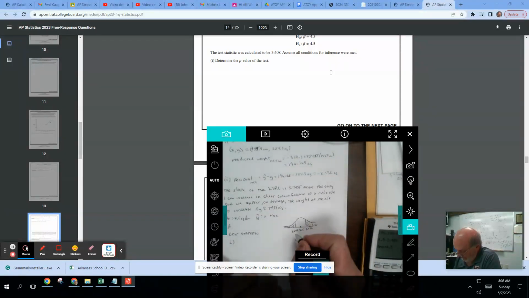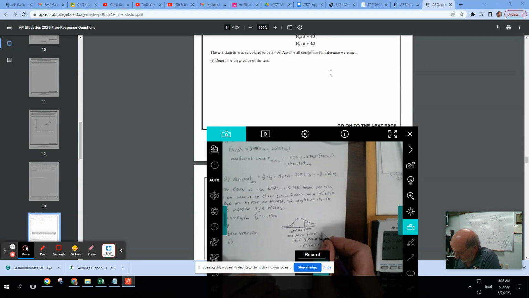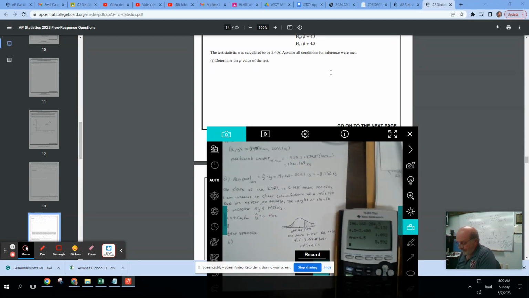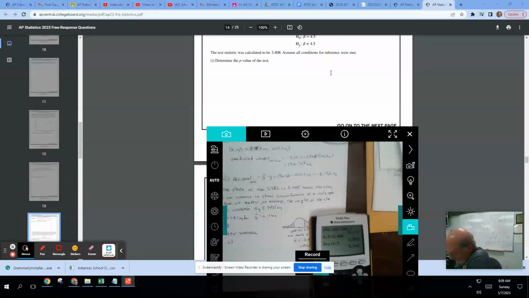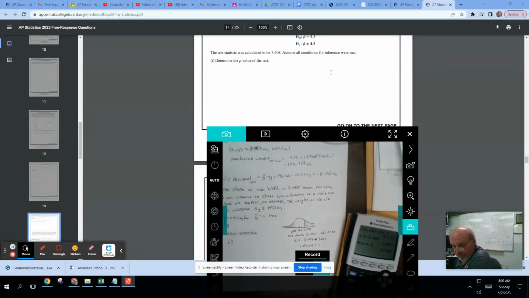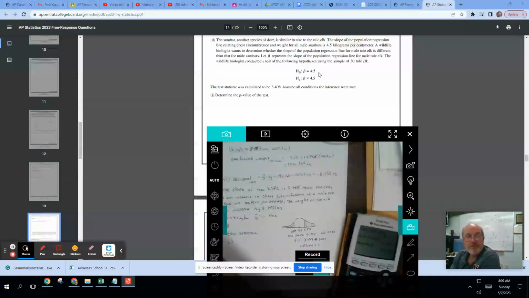So we're going to use the one sample z-test because n is greater than or equal to 30, and we're going to say that we can do that. Otherwise, we have to convert it. I don't have a standard deviation.